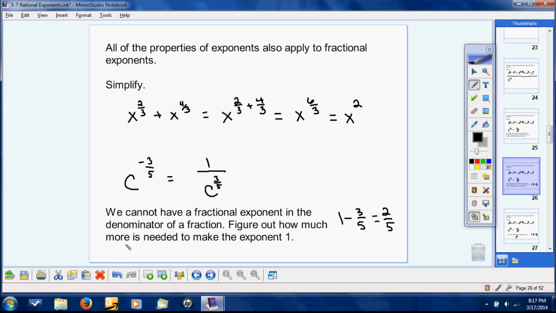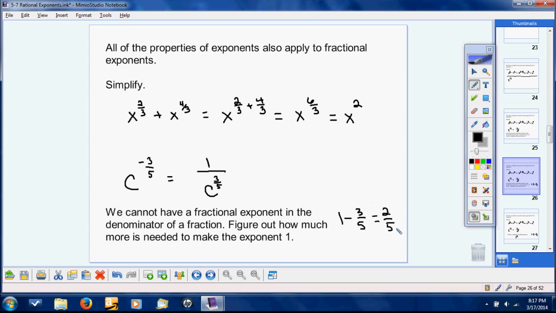In order to figure out how much more is needed to make the exponent 1, and I'll give you enough time to write that down. We need to figure out how much more is needed to make the exponent 1.